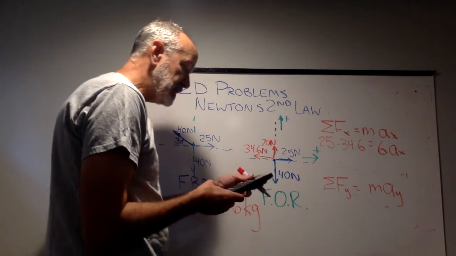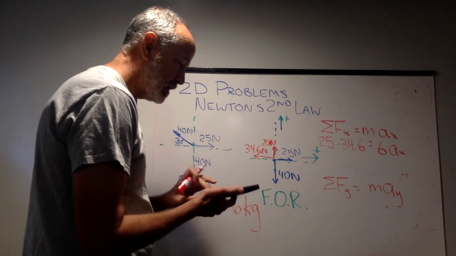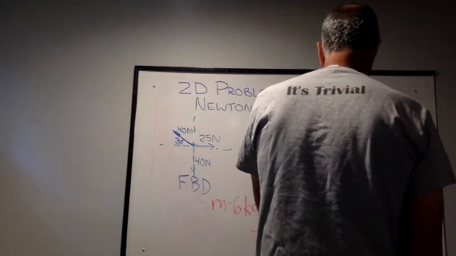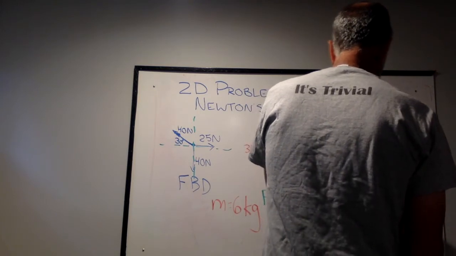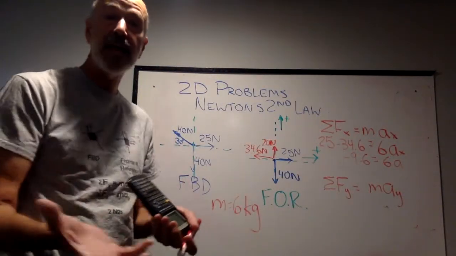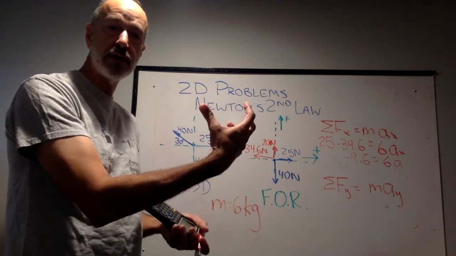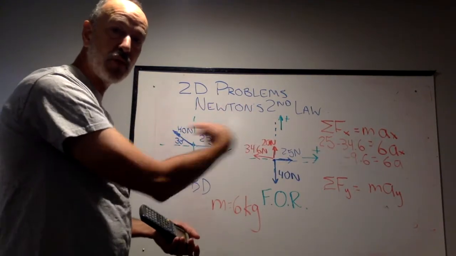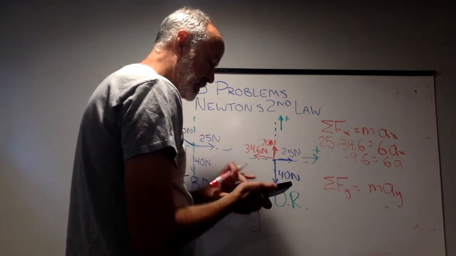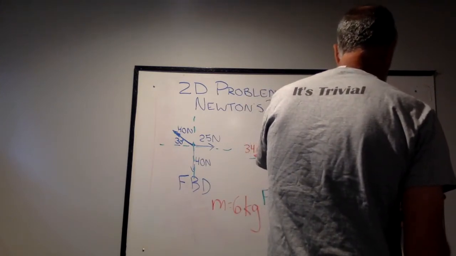So 25 minus 34.6 is going to end up being negative 9.6. And so negative 9.6 is what we call the net force horizontally. How much more it's pushing one way than another way. 9.6 newtons more this direction than that direction. Divided by 6, and it should be 1.6 in the negative direction.